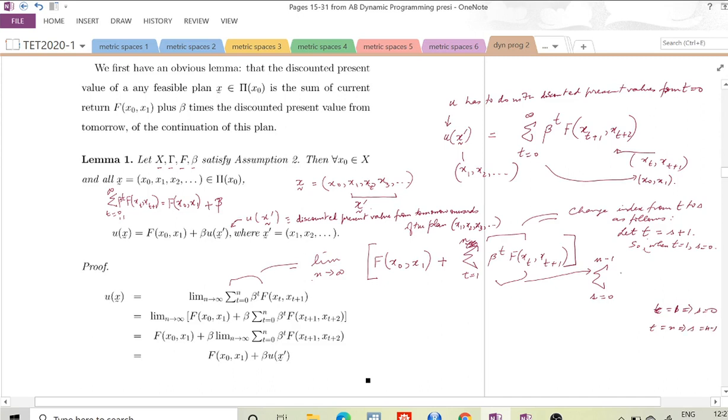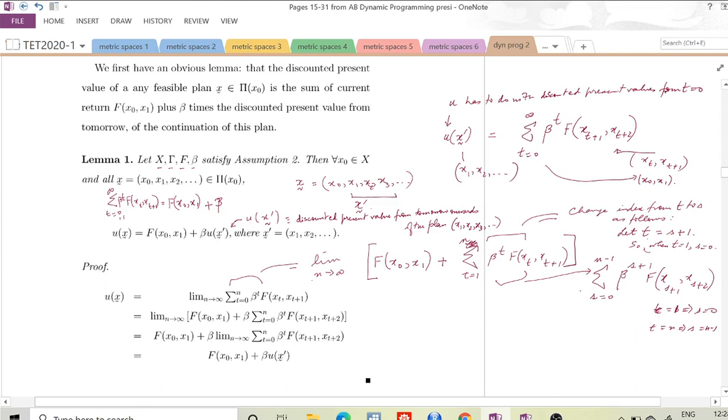Okay, and then beta to the t, so instead of t I'm using s plus 1. F of x t, so x s plus 1, x s plus 2. All right? If you want, you can put the t back here, or you can just retain the s.